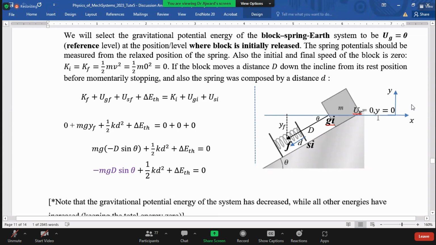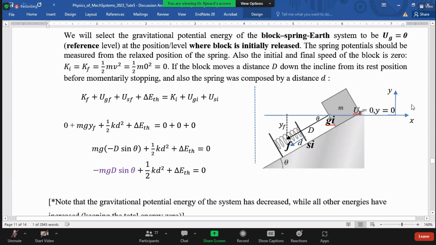The reference level is relevant only for the gravitational potential, not for the spring potential, because for the spring potential we always take the reference level at the relaxed position of the spring, right? So here I marked my choice at the initial release level of the block.